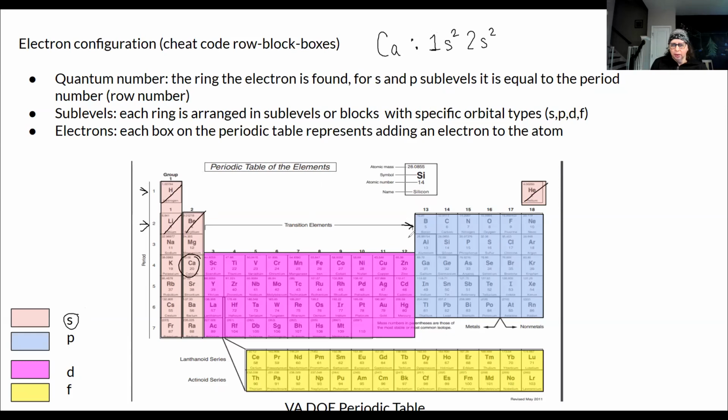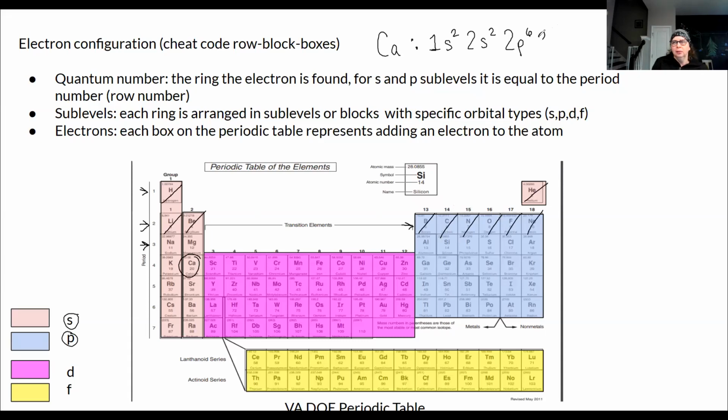Still in row 2. We're going in order of the periodic table. Row 2, we're now in the P block. How many electrons? 1, 2, 3, 4, 5, 6. So we went past carbon this time because this time we have to get all the way to calcium. But notice we started out pretty much the same.